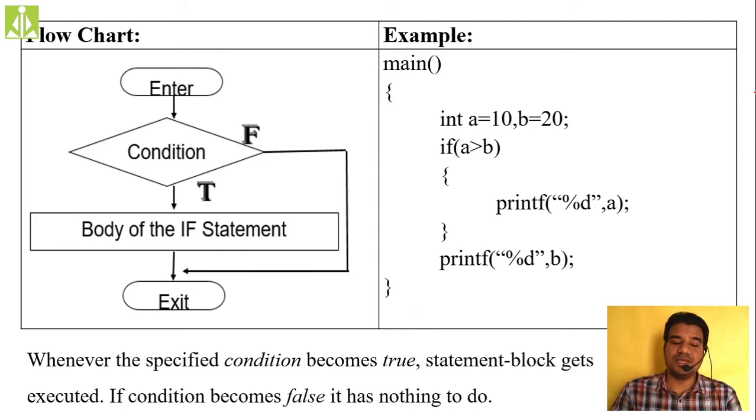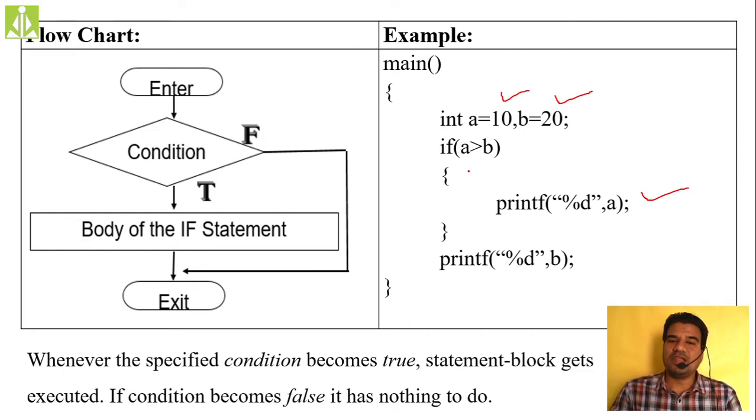Here also you can see I took one simple program code. I have taken a value as 10 and b value as 20, and whenever a is greater than b, it will print a value. Otherwise it will just skip printing a value.